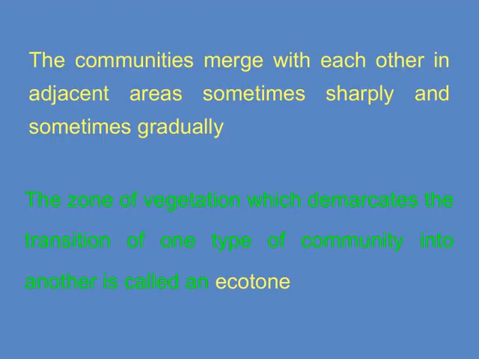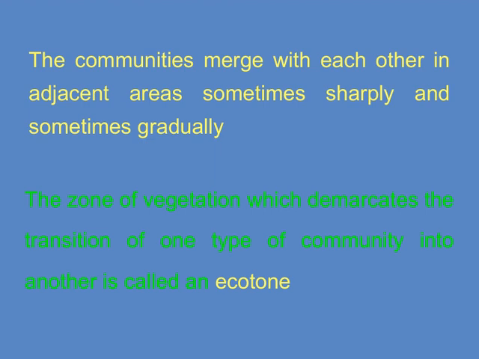Let's talk about a fascinating concept in ecology called the ecotone. This is the zone of vegetation that marks the boundary where one type of community transitions into another. Think of it as a kind of natural border between different ecosystems. Now, what's interesting is how these communities merge with each other in these adjacent areas.